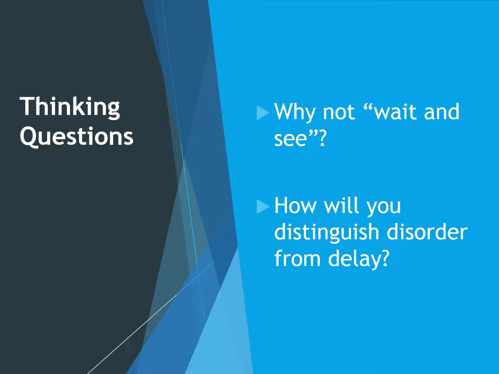We cannot determine a disorder from a delay until we see how they respond to intervention. If the child picks up on things quickly and starts moving forward and goes quickly through their goals, that child would probably just be delayed. The child who continues to struggle and continues to need support, though, is a child who would be labeled as having a disorder.